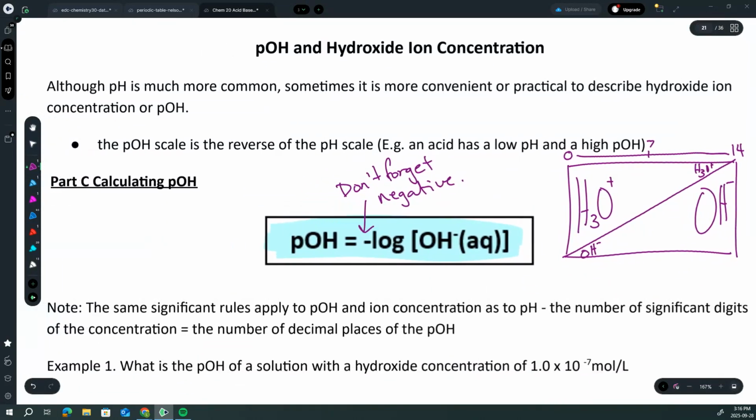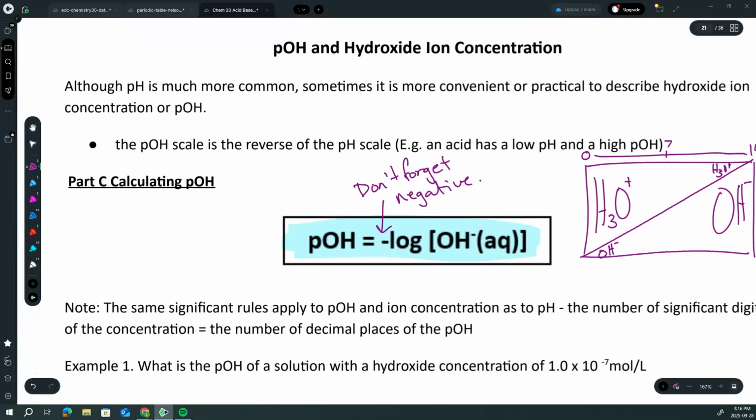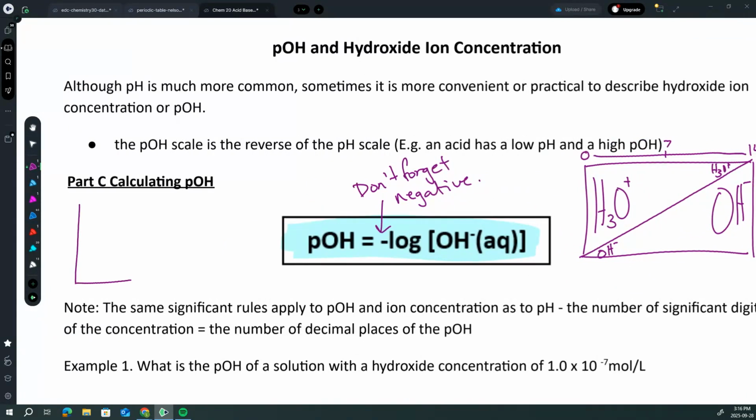Another way that we could draw out this diagram, just relating pH and pOH: when you have an acidic solution, your pH is going to be quite small. A very acidic solution would have a pH of 0, 1, 2, something like that. Whereas a basic solution would have a big pH, so that's why I'm drawing it quite large.